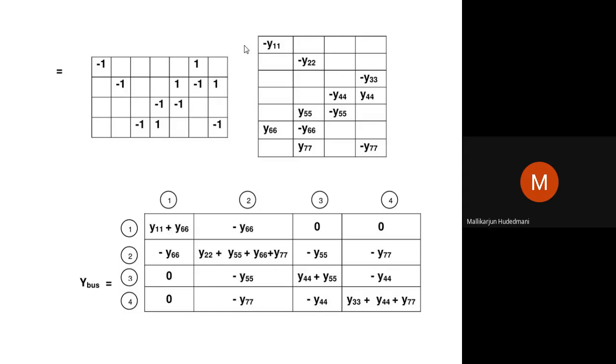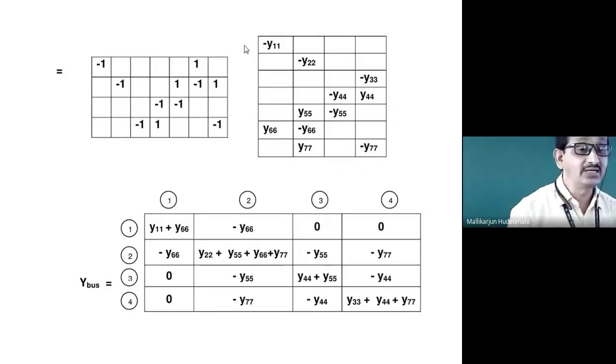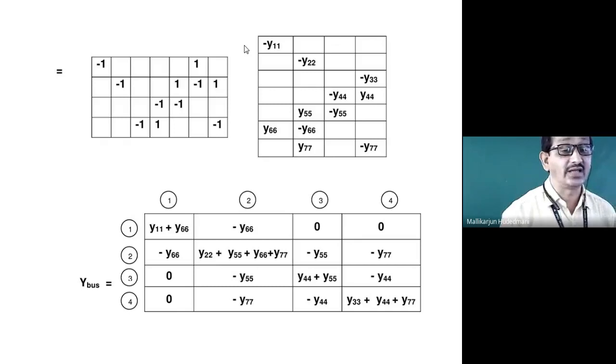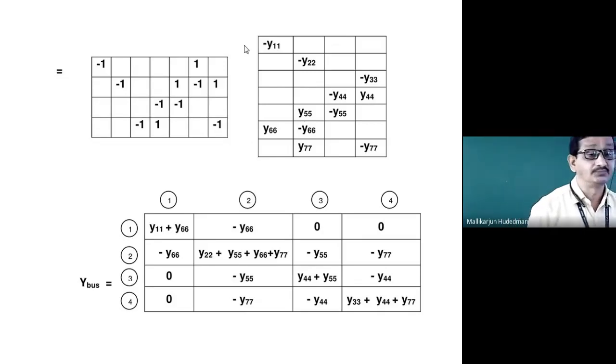The negative of the admittance between 2 and 3 is minus Y55. And is there any element between 2 and 4? It is there. Element number 7 itself is an indicator that there is an element between 2 and 4 whose negative of the elemental data is represented. So you could complete row number 2.